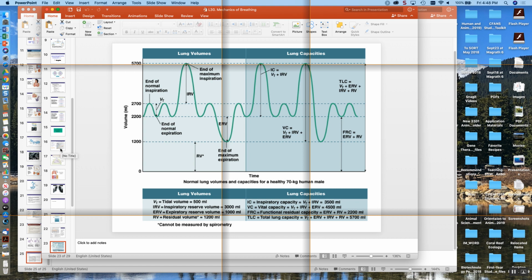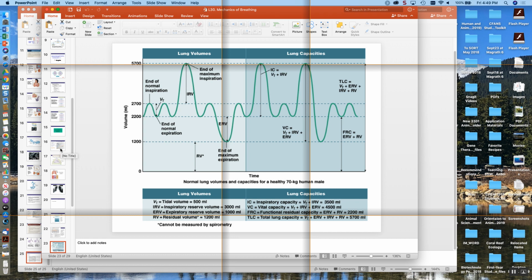The way you measure this is if I took a vacuum cleaner and sucked out the rest of the air in my lungs. Like I said in class, that would be excruciating for me and horrifying for you. That would be a way to measure that residual volume. Usually you estimate that using a calculation with height, weight, age, things like that. Okay? So those are the 4 lung volumes.